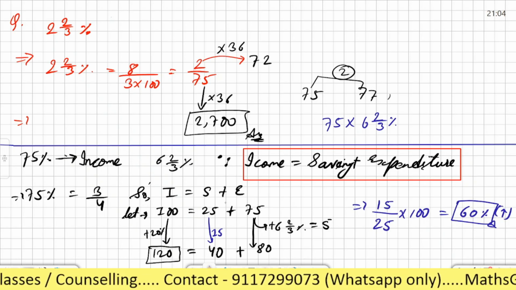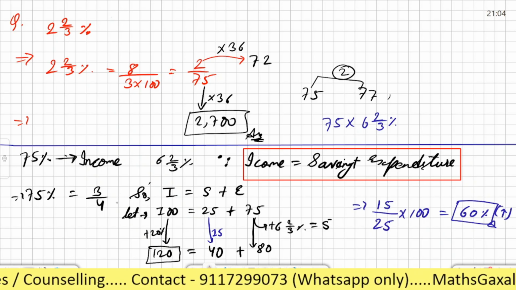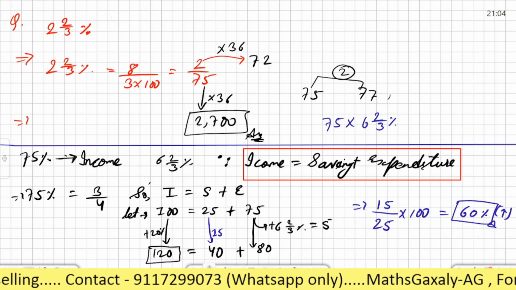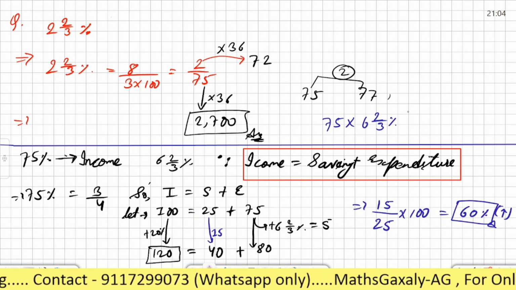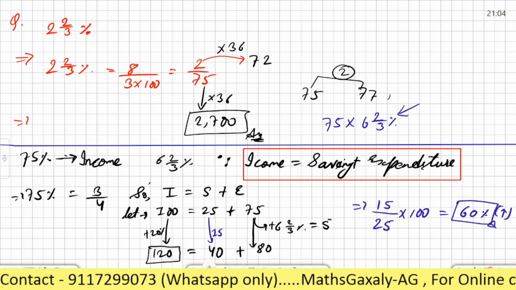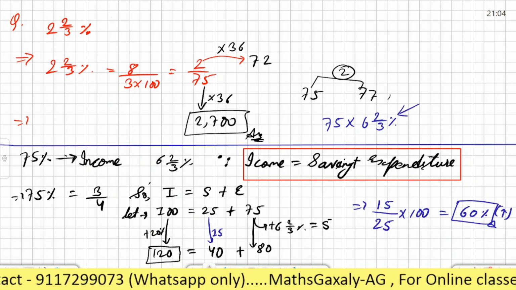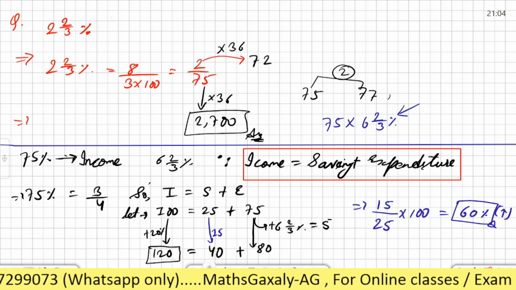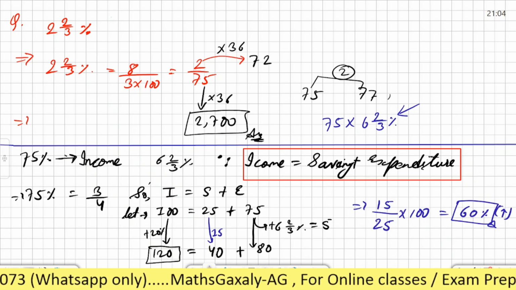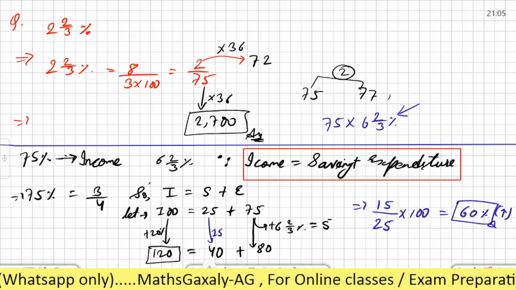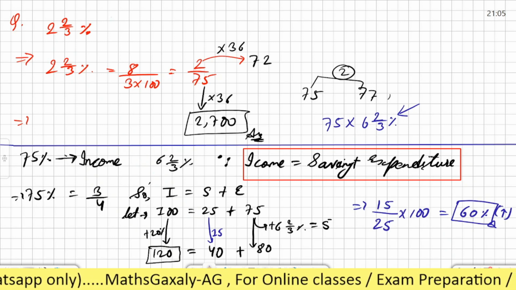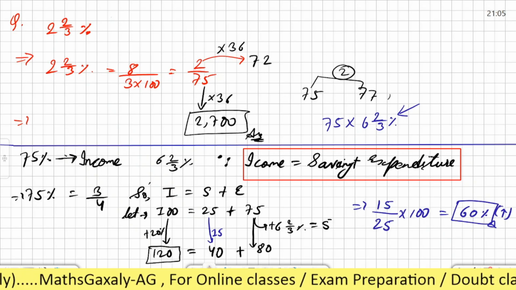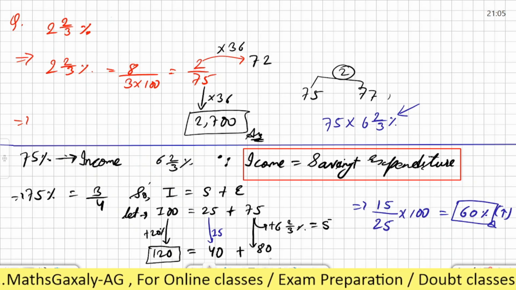When you note it down in your copy, please note down step by step, so that when you do revision in future, you will not face the same problem or confusion which you got here. How does 6 whole 2 by 3 become 5? Show in any right corner 75 into 6 whole 2 by 3, solve one or two steps and it will be 5. Then write this one with an arrow: 80.